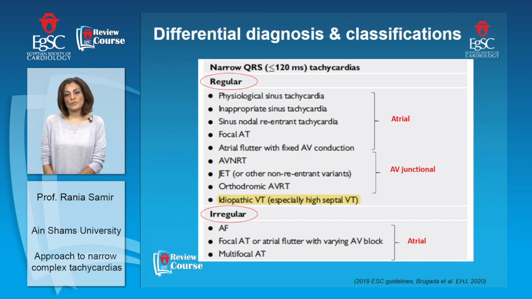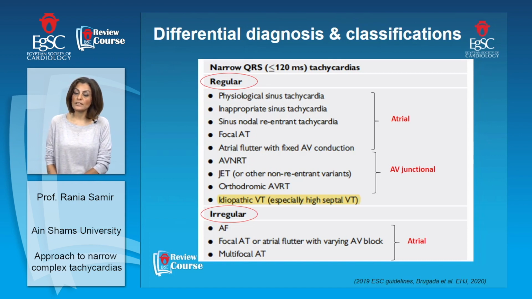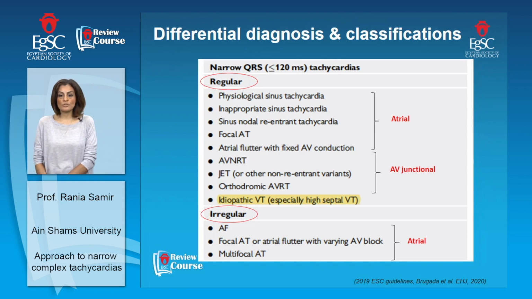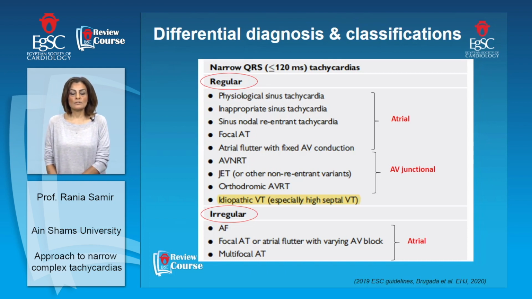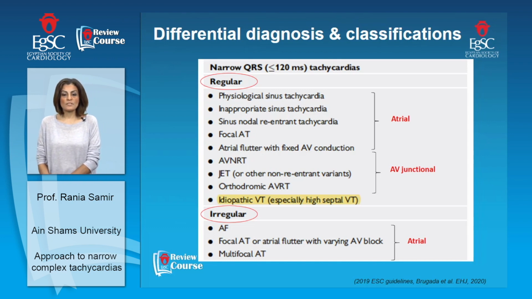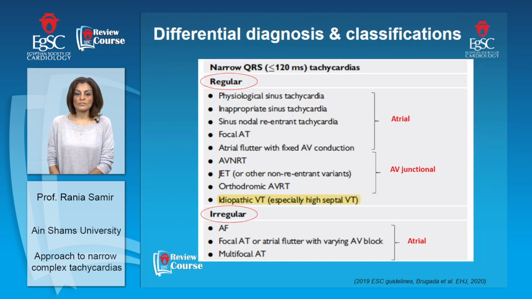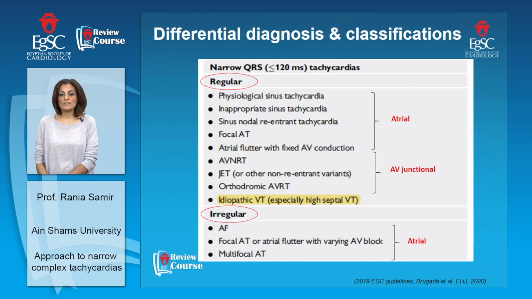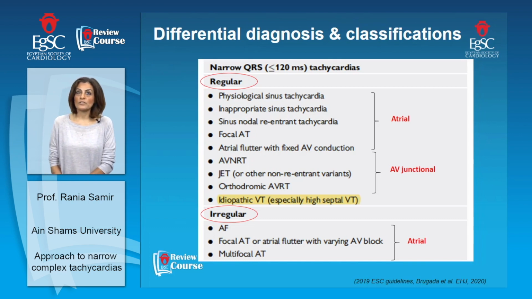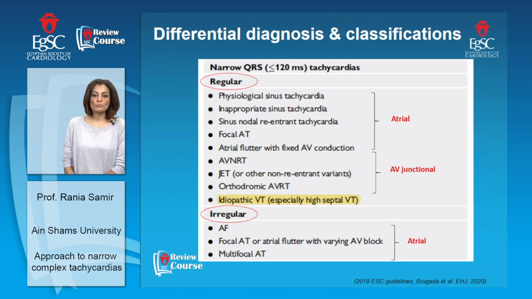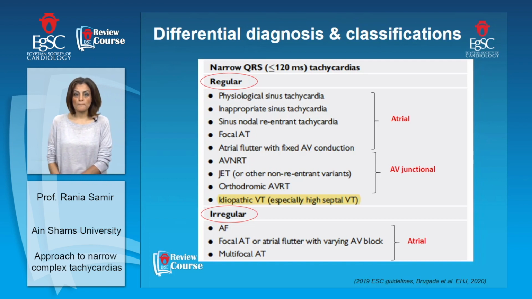If we classify them according to the site of origin, they can be classified into atrial and AV junctional tachycardia, which are collectively known as supraventricular tachycardias, and they represent the majority of narrow complex tachycardia. A small fraction, as we said before, are the idiopathic ventricular tachycardias or high septal ventricular tachycardias that are characterized by a narrow complex or normal morphology of the QRS.